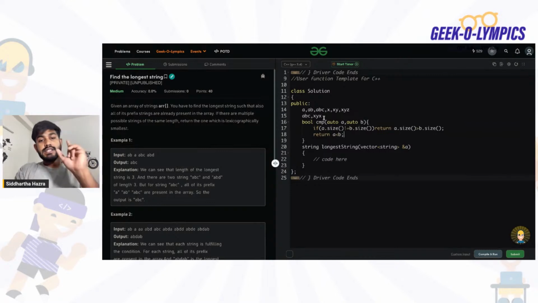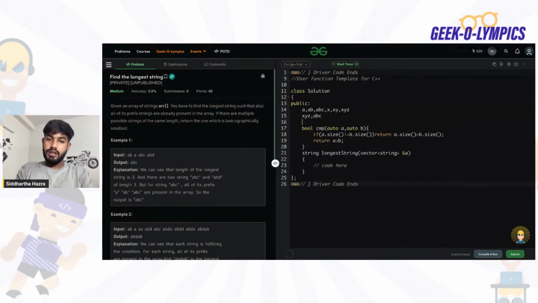What does this mean? Let's say XYZ is the same size, XYZ came here, ABC came here, all of the same size are together. Now what happens with A is less than B? ABC would come before XYZ.